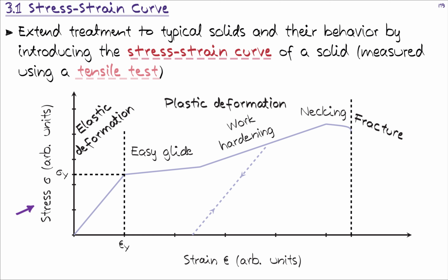So we are stretching the material, and then we are measuring how much the material is being strained because of the applied stress. So don't be fooled about the correlations here, what is being imposed on the material. We apply stress, and then we measure strain. But somehow, maybe for historical reasons, the x-axis is being used to describe the strain, and the y-axis is being used to describe the stress.